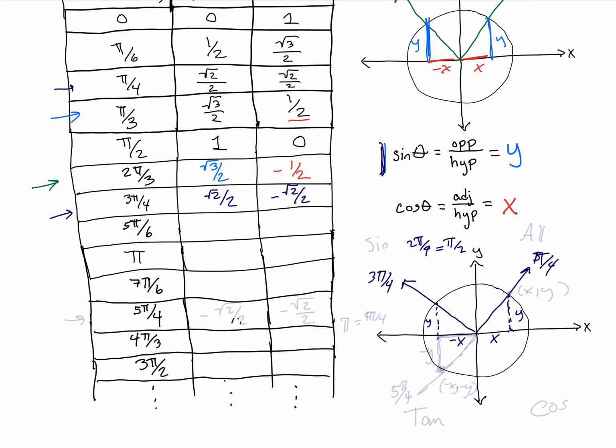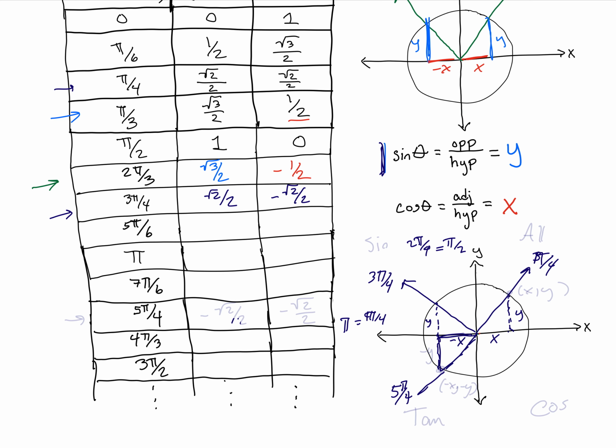And we could also do this for other multiples of pi over 4. This is 5 pi over 4 here. This was pi, which is the same as 4 pi over 4. And for that, we've got the same kind of triangle going.